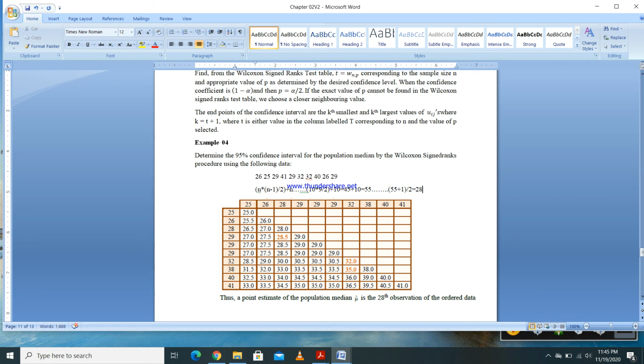So as for the point estimator for the median, you take the mean values and find the median of the mean values. You have so many mean values here.